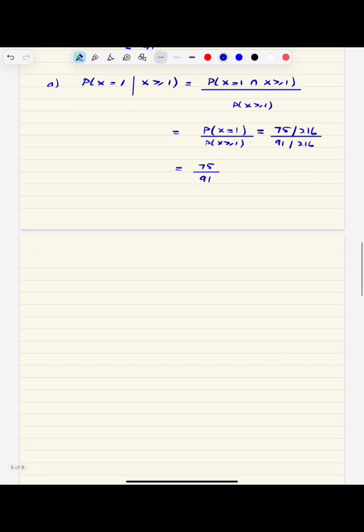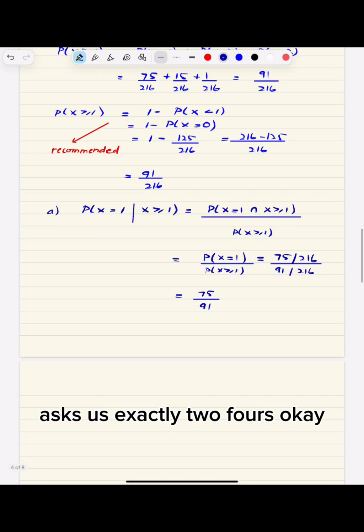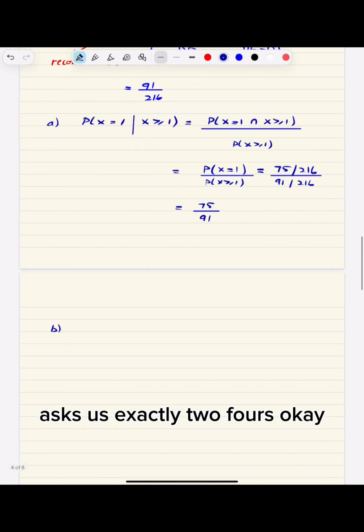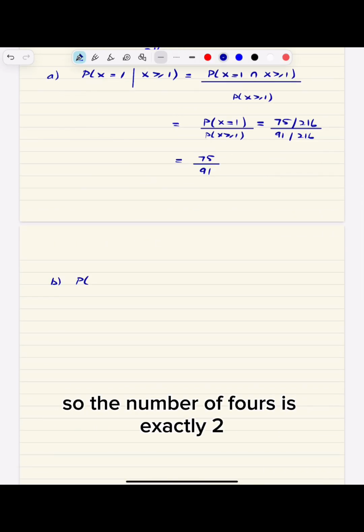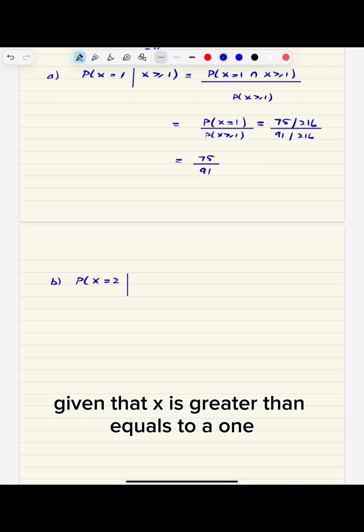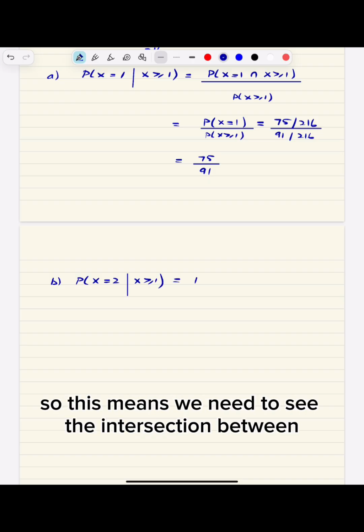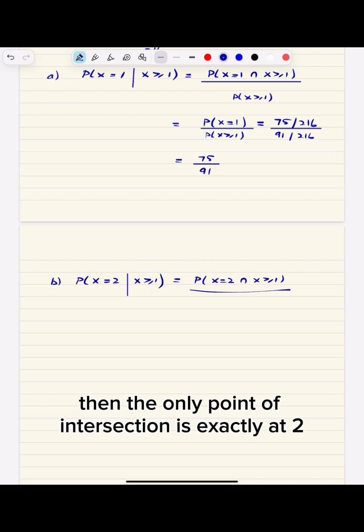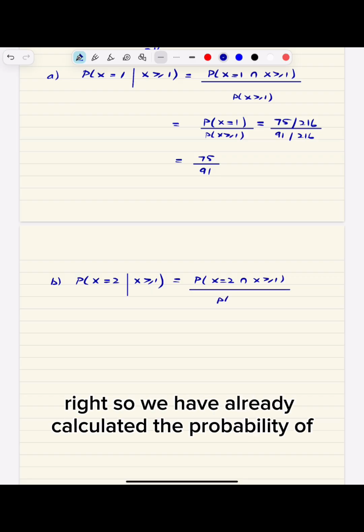Part B asks us exactly 2 4s. Okay, so the number of 4s is exactly 2 given that X is greater than or equal to 1. So this means we need to see the intersection between these two events. Then the only point of intersection is exactly at 2, right?